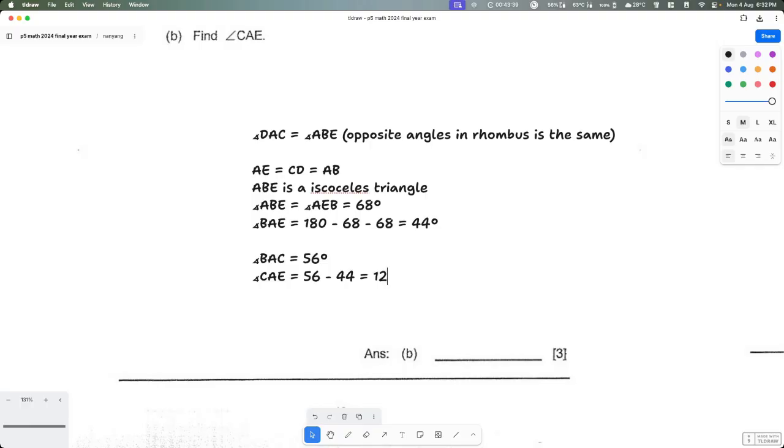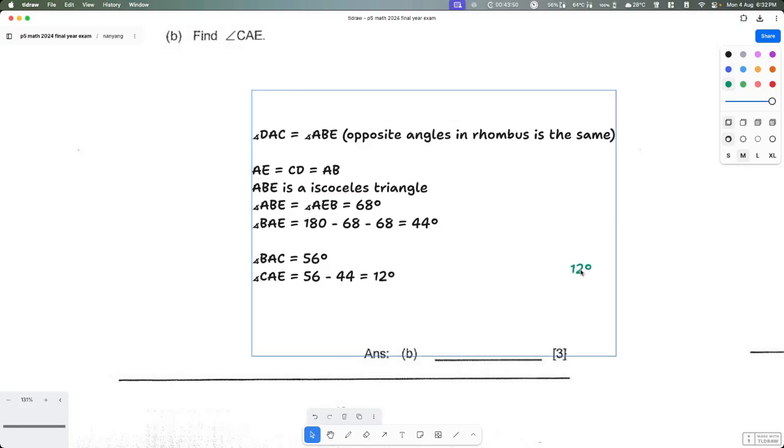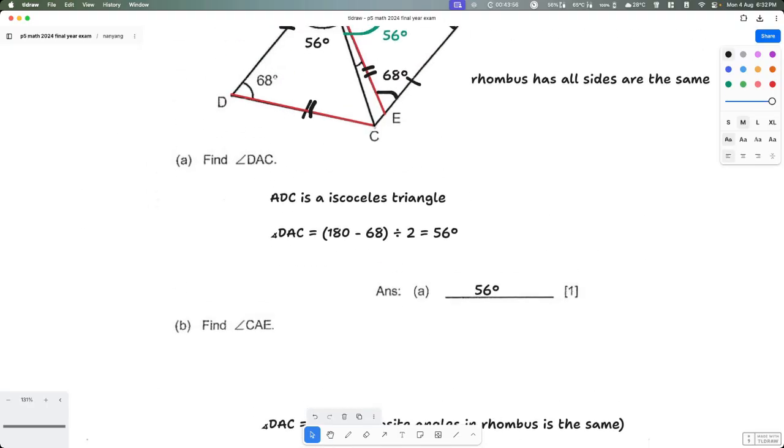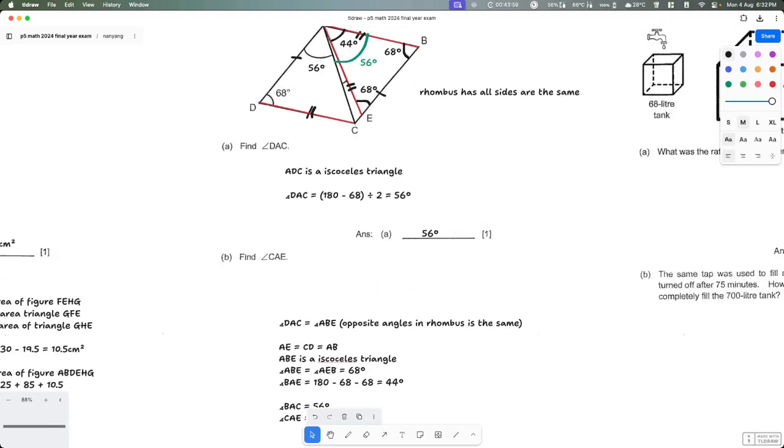This will become 12 degrees. And that's the answer over here. Okay, 12 degrees. All right. Let's move on to the next question.